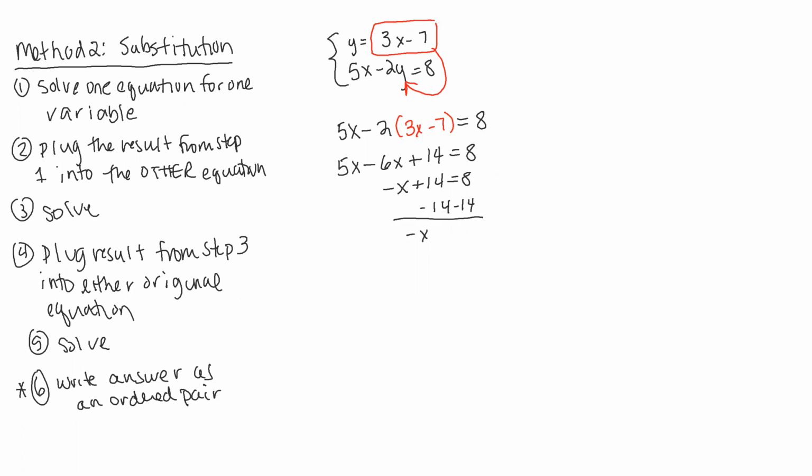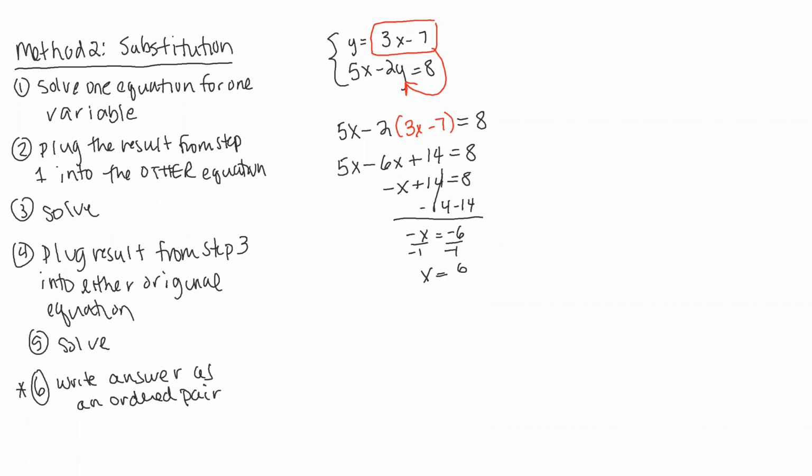I get -x equals -14 plus 8, which simplifies to -6. The 14s on the left cancel. The issue here is I'm not done if I have a -x. I want a positive x. So I divide both sides by -1, and we get that x is equal to 6.